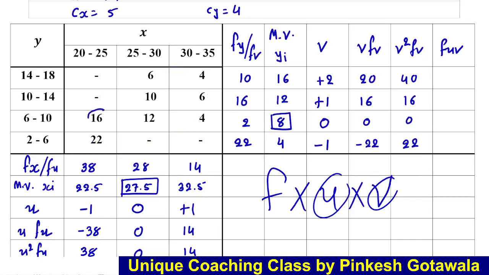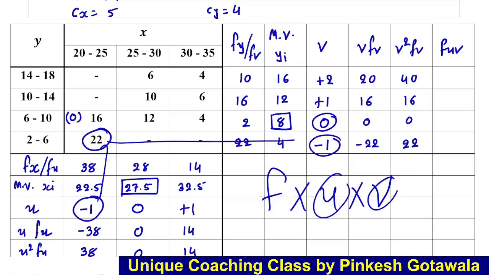Start from this 16. This is f and here v is 0 and u is -1. So 16 into -1 into 0 would be 0. Next 22. So here 22, here -1 and here -1. So 22 into -1 into -1, you will get 22.